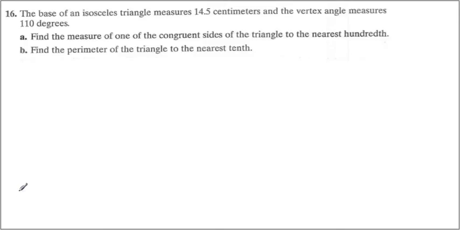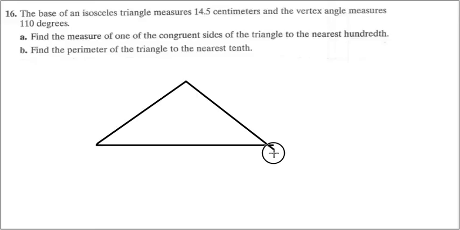Number 16. The base of an isosceles triangle measures 14.5 centimeters, and the vertex angle measures 110 degrees. So if I were to draw a picture, assume that this is the picture that we have.